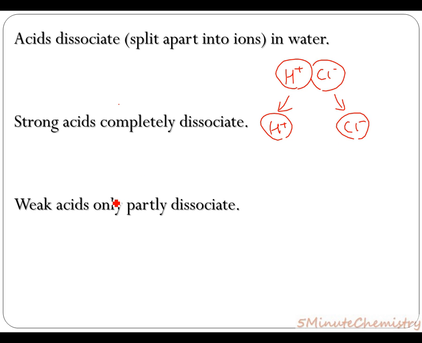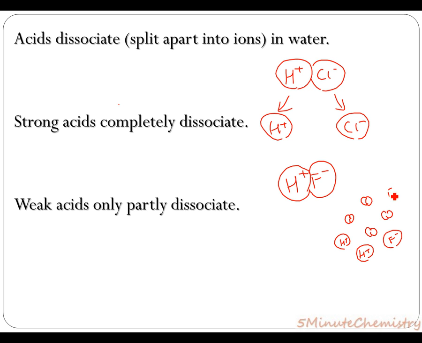Weak acids will only partly dissociate. So an example of that would be my hydrofluoric acid. Hydrofluoric acid is H plus along with F minus. So these weak acids will only partly dissociate, which means that if I have a big sample of these, what we're going to see is we'll have some of these HFs that are still milling about in the water, and then you'll also have some of the H's and some of the F minuses that broke off.